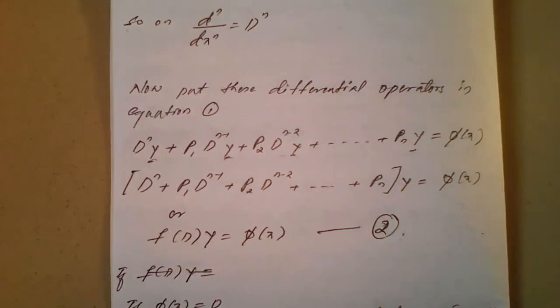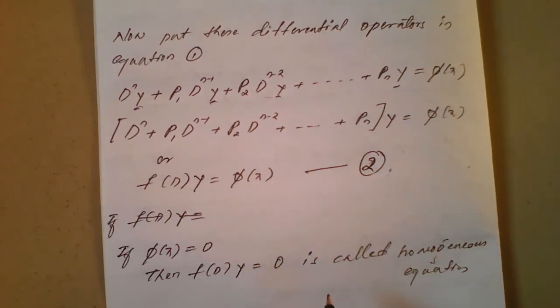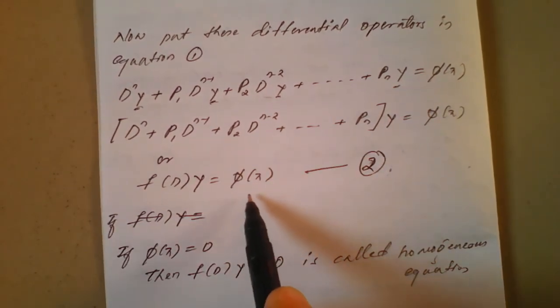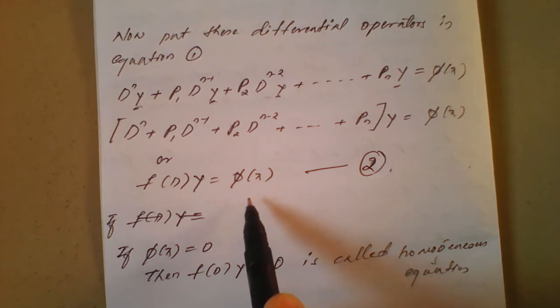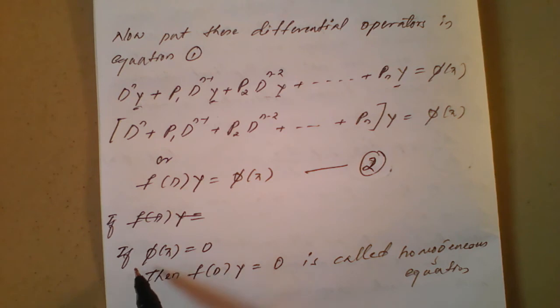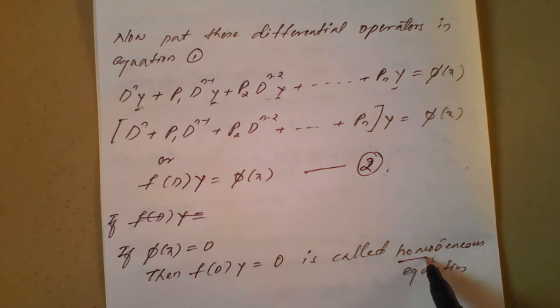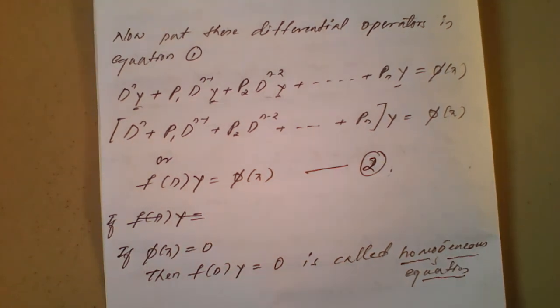Now you can observe that this phi of x will vary depending on the example, so we have two cases. If phi of x becomes 0, such equations are called homogeneous equations.